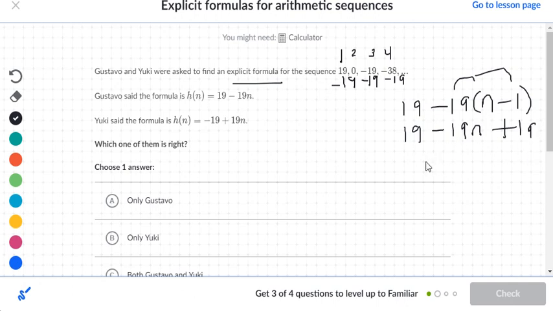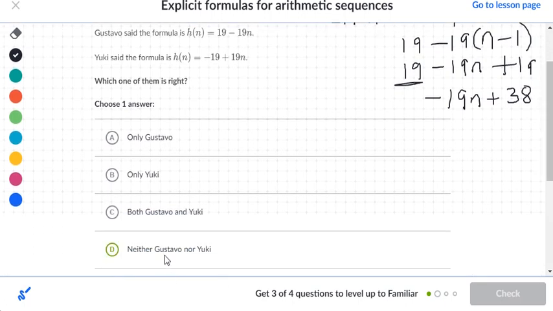So you would have a negative 19n, but we would have a positive 19, and we would have also a positive 19 again, and that would be a positive 38. So that really doesn't match any of them, so neither would be correct.